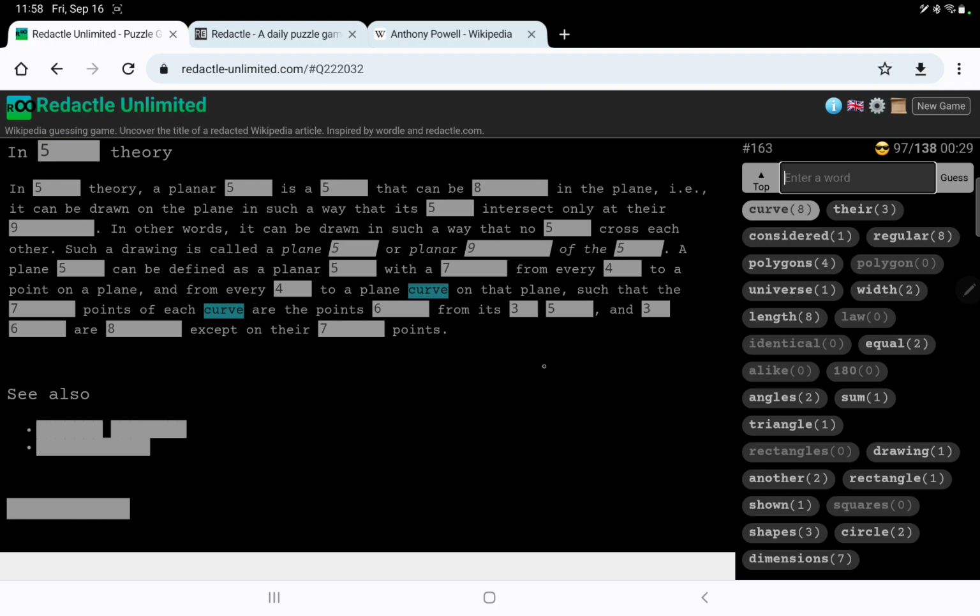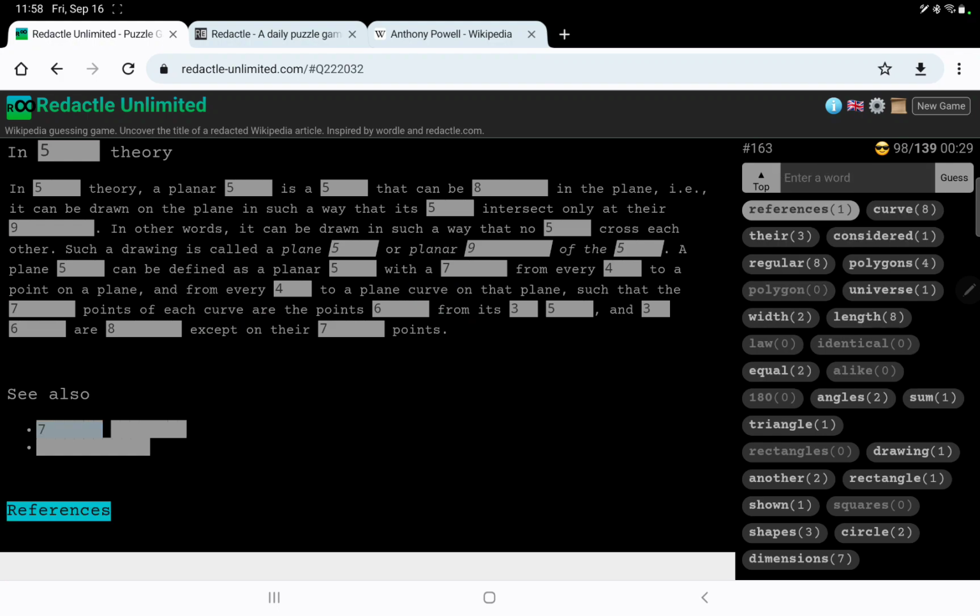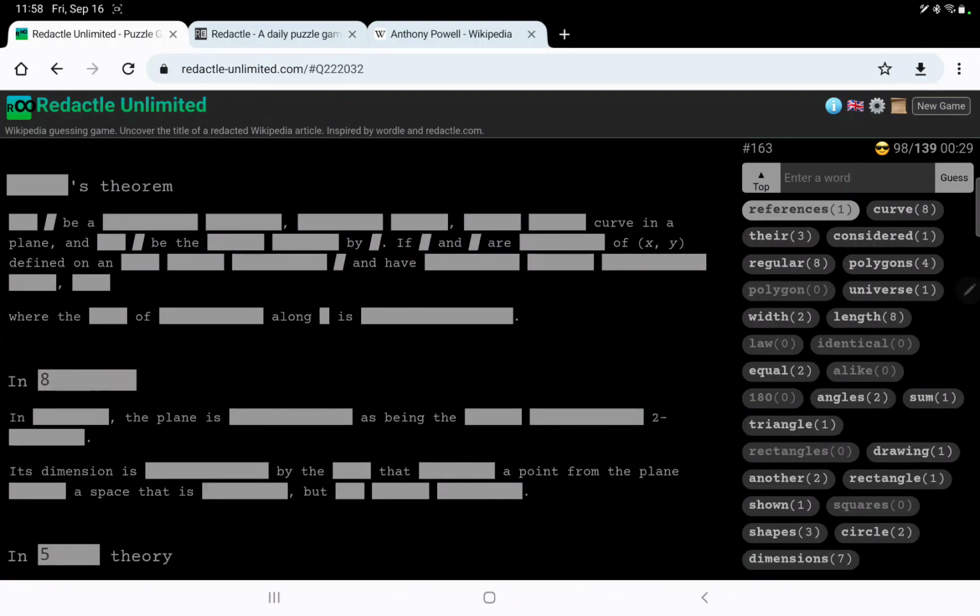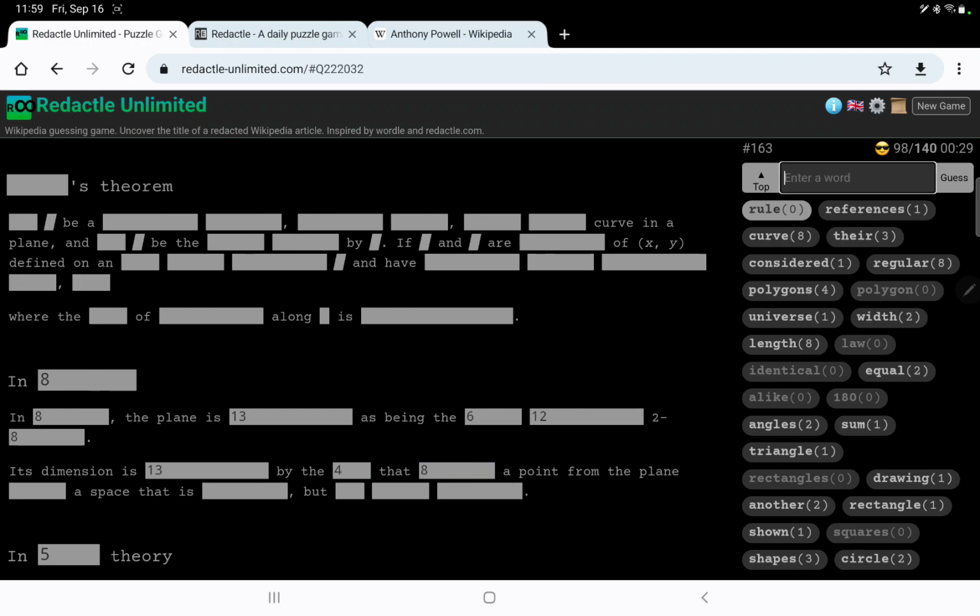What is this theory called? Okay, we have references, doesn't help me, but its dimension is something by the rule.